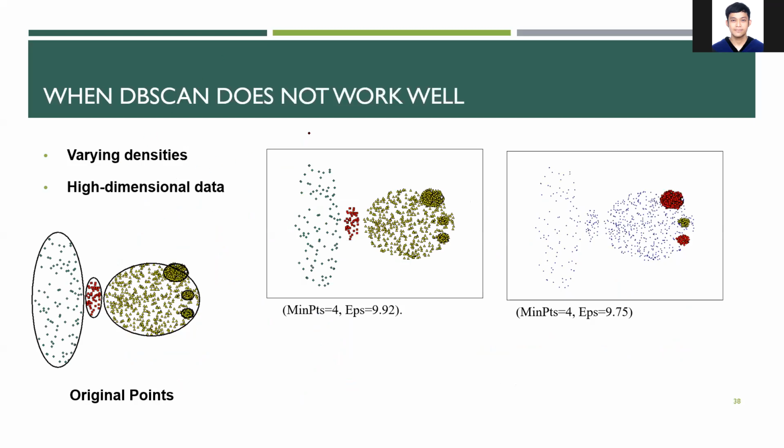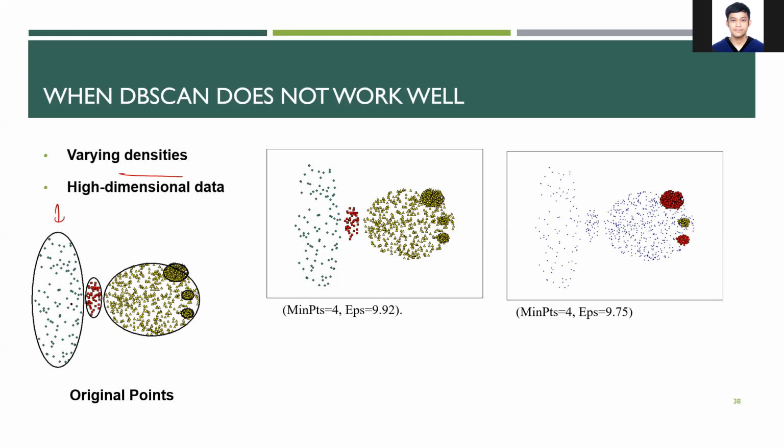DBSCAN does not work well, for example, if the density varies a lot. Say we have this data, and this is the origin point. For this cluster, what we want is actually one cluster.